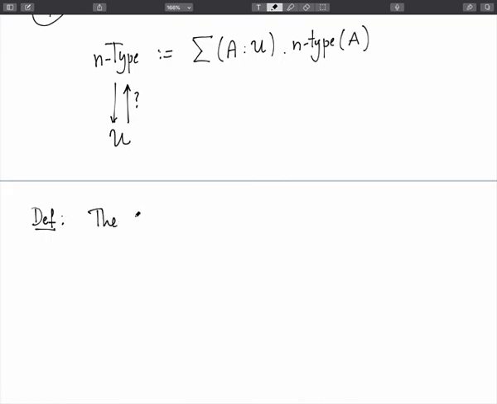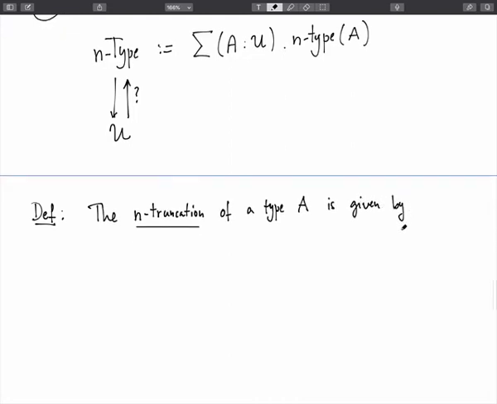The n-truncation of a type A is given by, and now I'm going to write down in type theory a universal property which says left adjoint.